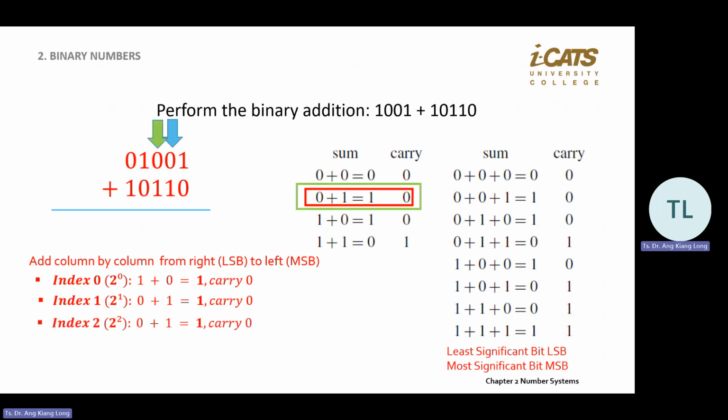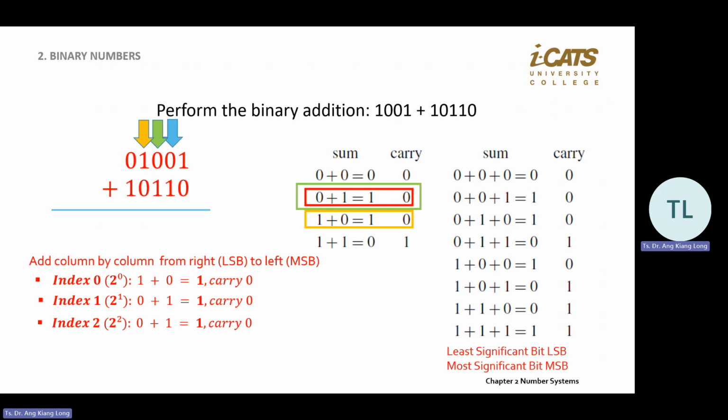The third one, you continue. 0 plus 1. You write out index 2. Don't get confused. You start with 0, 1, 2. Then the third one is 0 plus 1, also the same, carry 0. Okay, the fourth one, 1 plus 0.